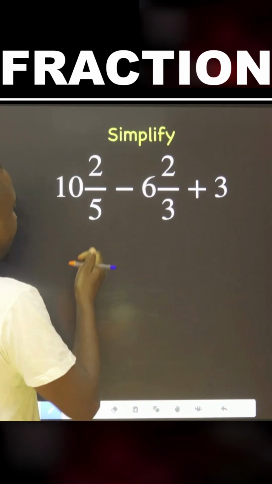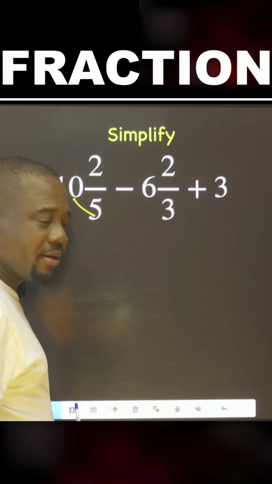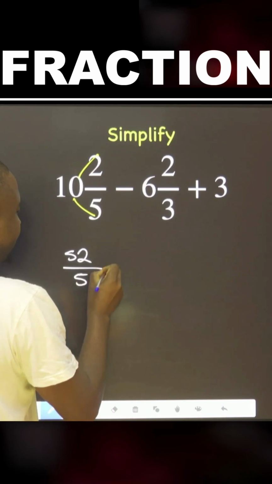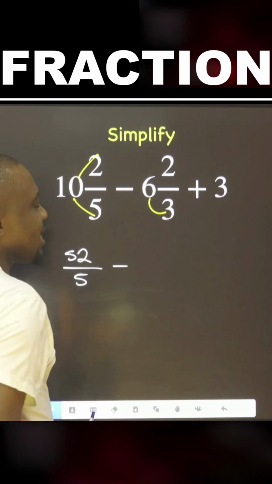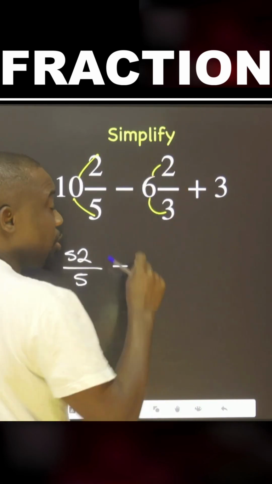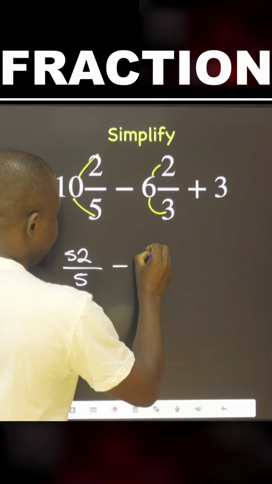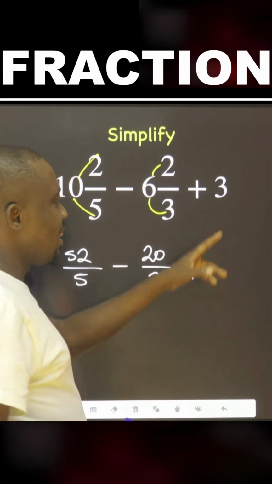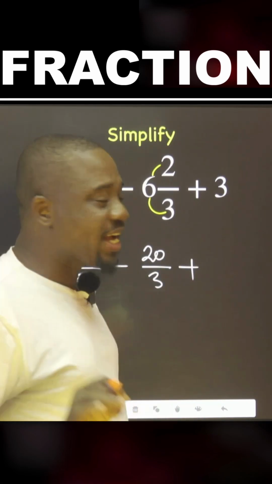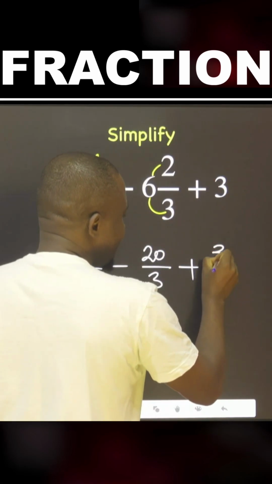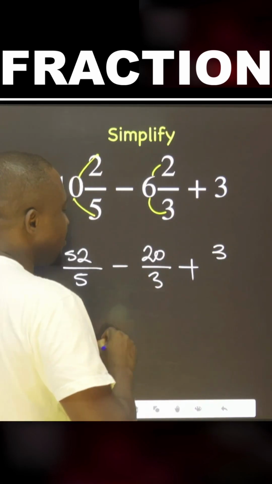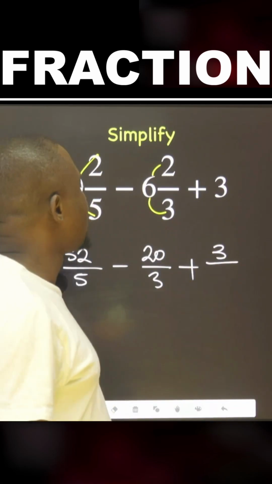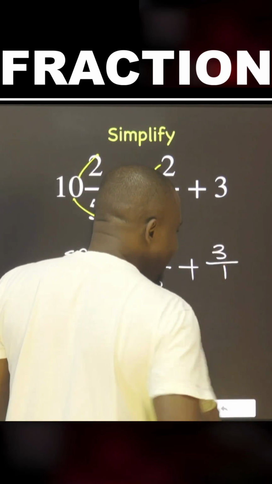So therefore, this is 50 plus 2, which is 52, over 5, minus, this is 18 plus 2, which is 20 over 3, plus, now you have 3. This 3 cannot just be like this. Let it also have a denominator. If you see a number without anything at the denominator, you can use 1 to be the denominator.